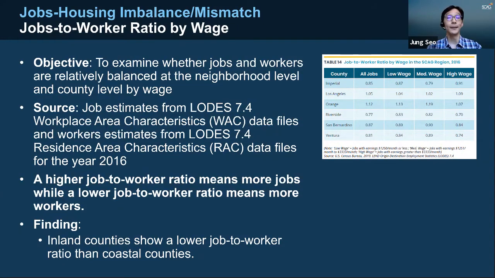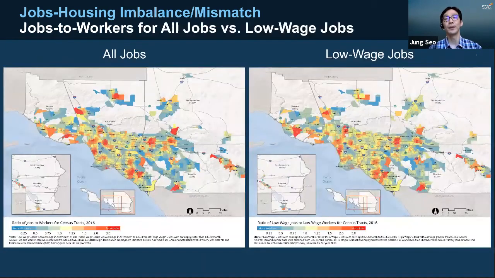So we estimated the total jobs and workers for each census tract by using the median commute distance for all jobs of each county in 2016. It is observed that the inland counties show a lower job to worker ratio as compared to the coastal counties. And we also prepared the maps for those two categories. So these two maps show the jobs to worker ratio for all jobs and also low wage jobs in the SCAG region.